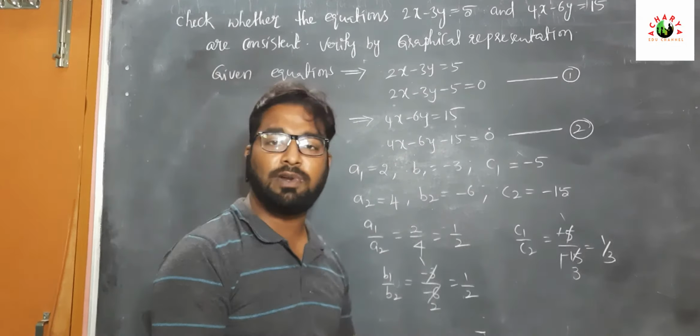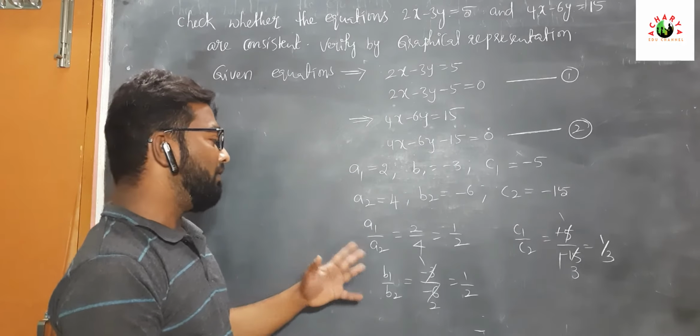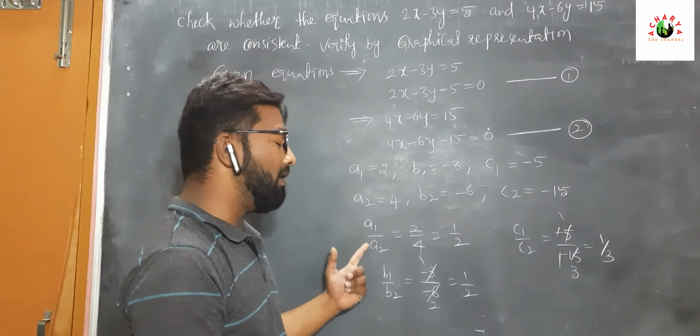So according to these values, what do we understand here? a1 by a2 equals b1 by b2, these two values are equal. If a1 by a2 equals b1 by b2 but does not equal c1 by c2, the given pair of linear equations represents parallel lines.